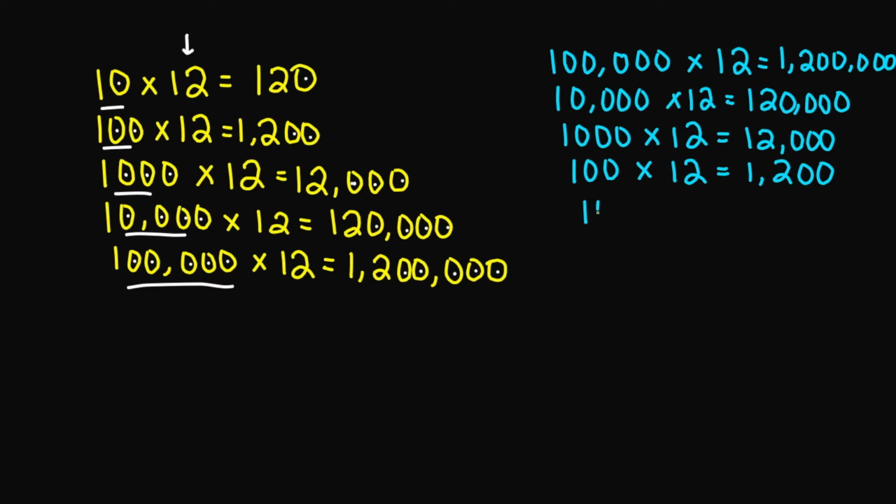And if you did 10 times 12, you're going to get 120. So whether you're starting from your 10 times the factor or your 100,000 times the factor, you will still get a pattern when you are multiplying your numbers together.